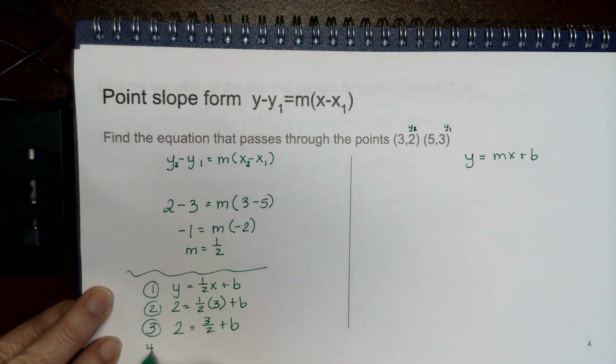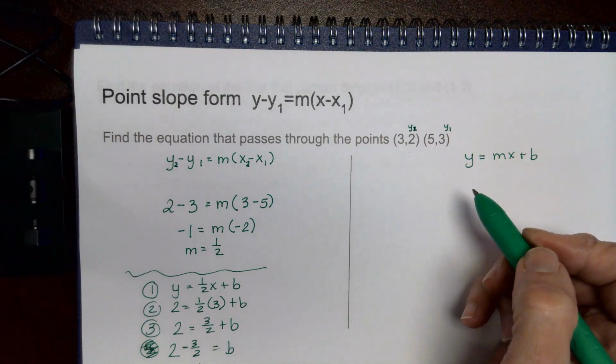I subtract, 2 minus 3 over 2 equals b, and that gives me 1/2 is equal to b. So when I put it back in the form, I have y is equal to 1/2 x plus the b, which is 1/2.